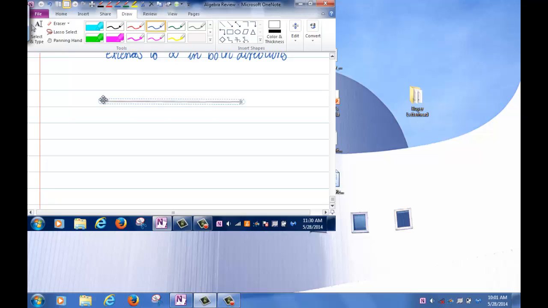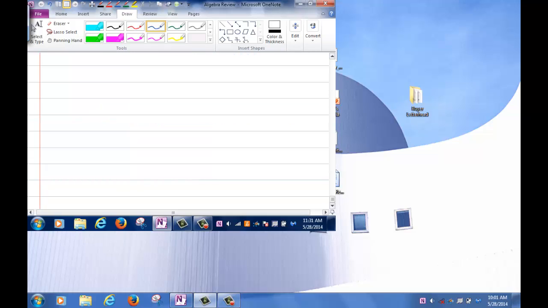It has a tail, so this is called the tail of the ray. Okay, so it extends to infinity only in one direction. Everybody's okay?